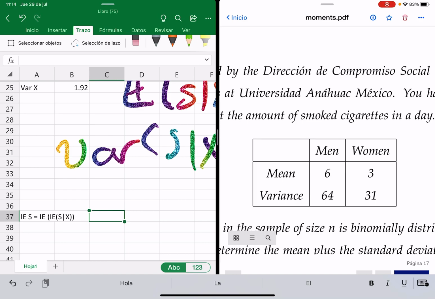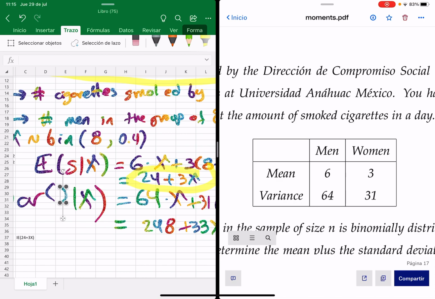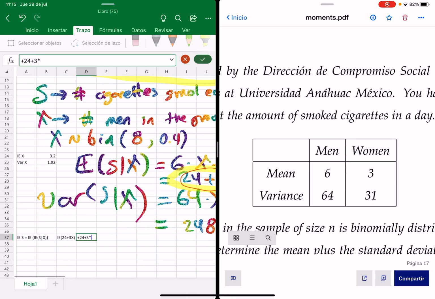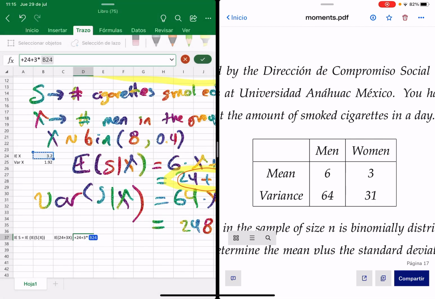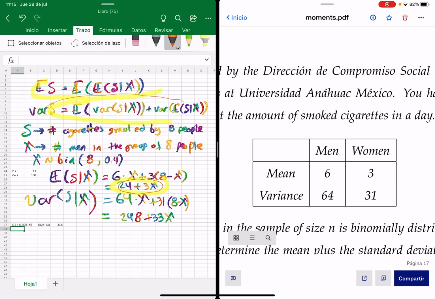And what is that? Well, that is just the expectation of 24 plus 3x, which is this number right here, okay? Now, the expectation of 24 is just 24, and we need 3 times the expectation of x. But the expectation of x is given by 3.2 there. So the expectation of S is just 33.6.